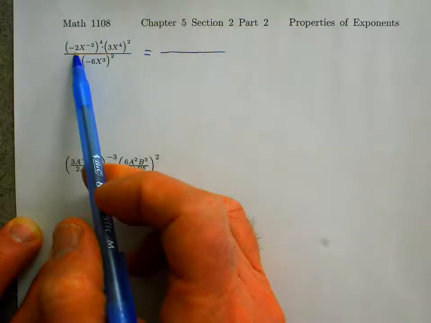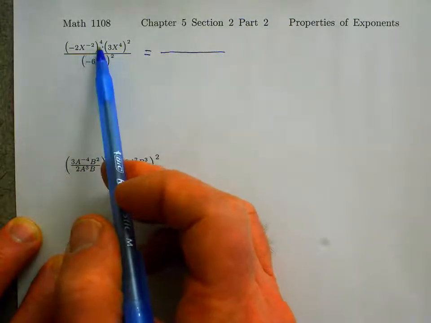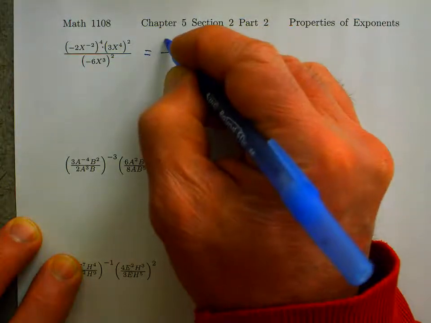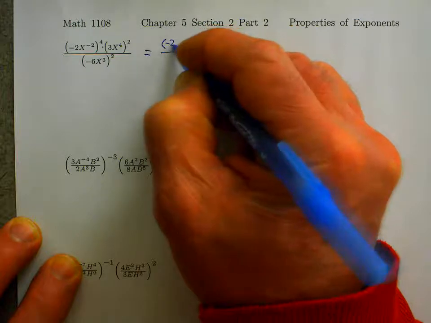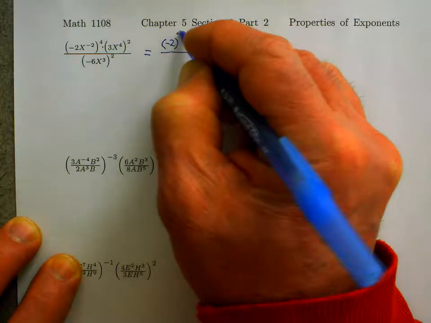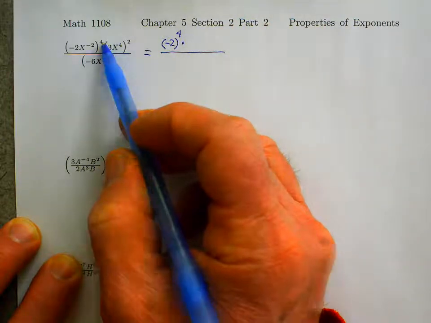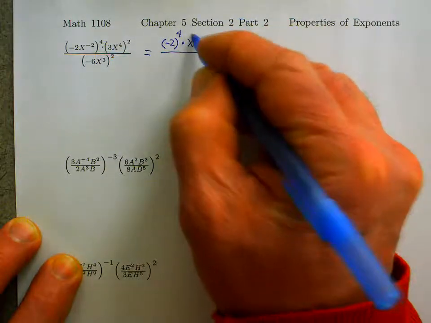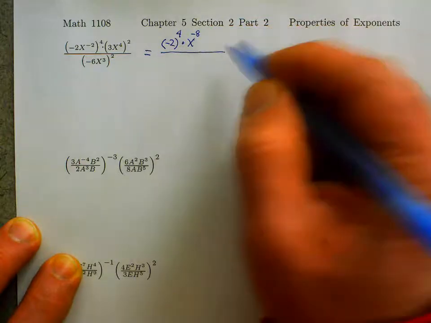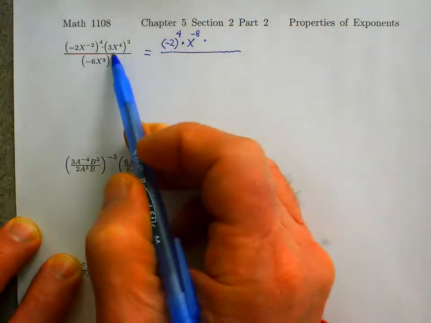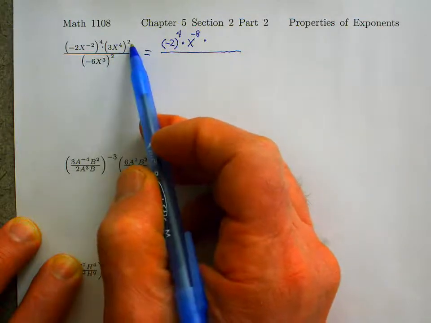So this term, negative 2x to the negative 2, if that's raised to the power 4, we're going to get the number negative 2 raised to the 4th, and then times x to the 4 times negative 2 is x to the negative 8. And then we're multiplying that by 3x to the 4th, which is raised to the power 2.